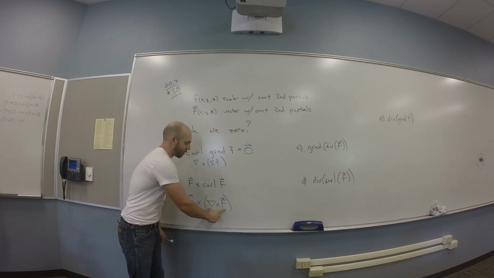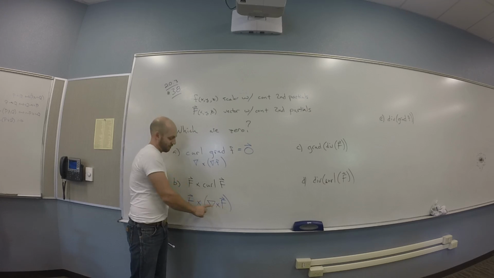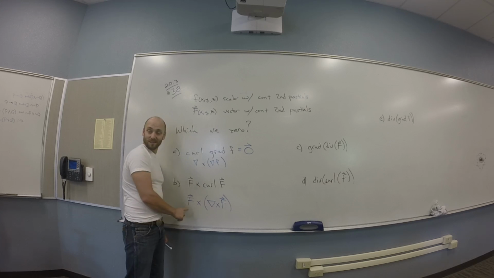So the result of Nabla crossed with F should be a vector that's perpendicular to both Nabla and F. You guys see this? And so when you cross product that with F, you get Nabla, kinda, yeah. You guys see that?